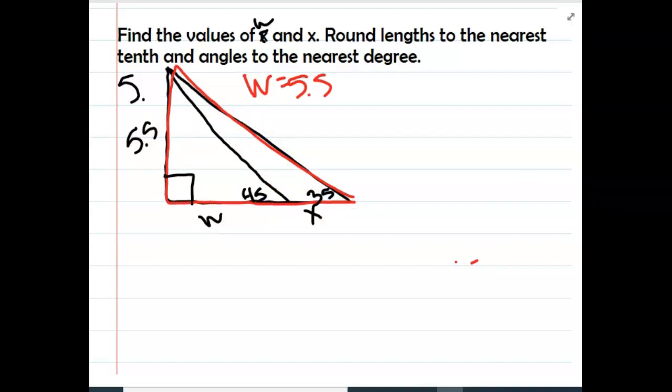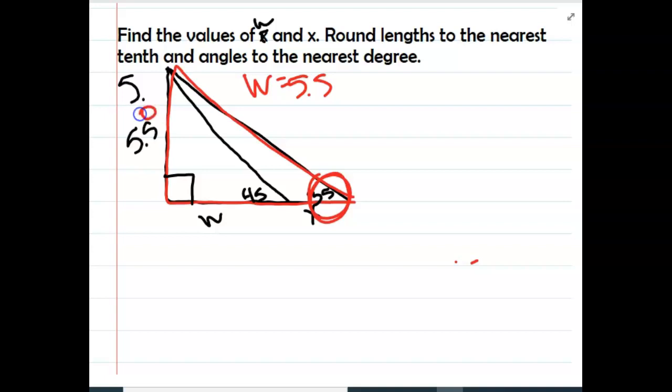Because if you look at this big triangle, I have an angle, I have a side. So if I use the angle and that side, I could find this entire side. And I already know what that is. Right? So if we find the entire side, we can take away that 5.5 to find the X. Okay? So if we're looking in relation to the 35, what is the 5.5?